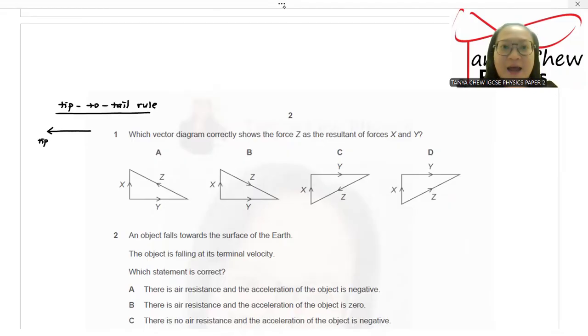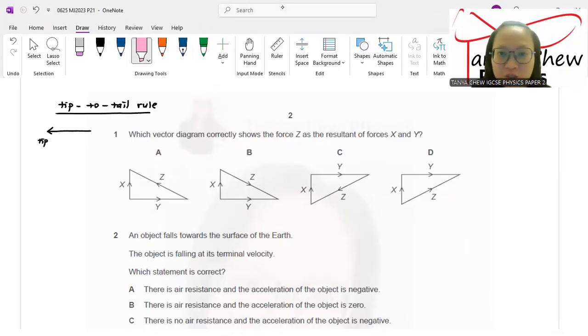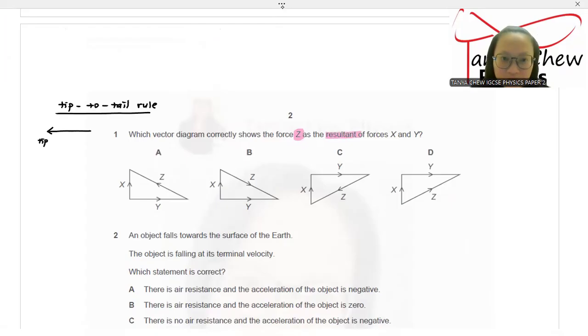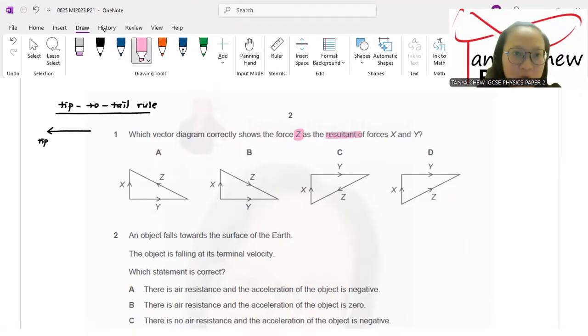And second step, look at the question. The question asks you to determine the resultant force. So the resultant force is Z. But it is the combination of the forces X and Y that gives you the resultant force Z. That is why X and Y must follow the tip to tail rule.